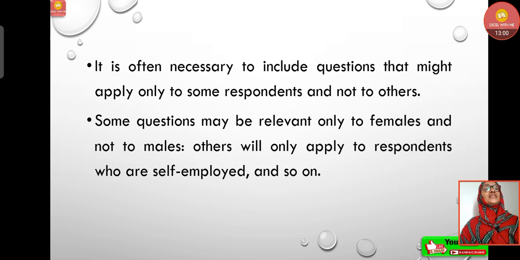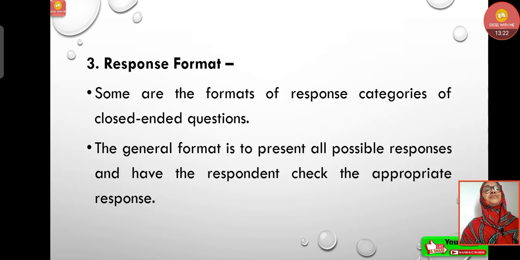Now, it is often necessary to include questions that might apply only to some respondents and not to others. Some questions may be relevant only to females and not to males. Others will only apply to respondents who are self-employed and so on. So many examples we can give which are relevant to somebody, but not relevant to others.